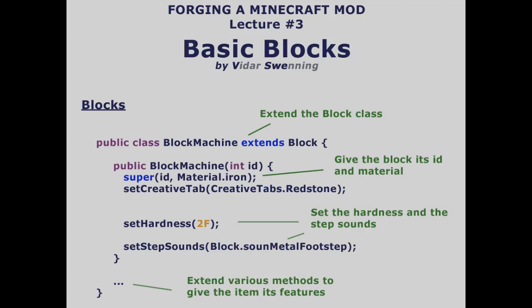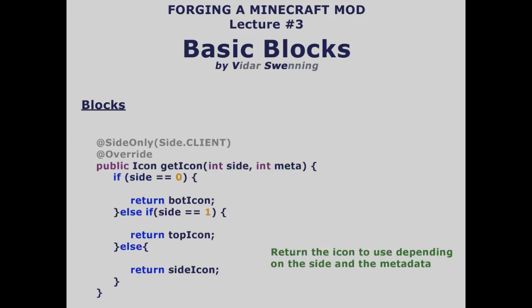And then we can extend multiple methods, but there are of course many, so you override the ones you want to change the functionality for. Here we have the icon, so we have a method called public IIcon getIcon, and we get the side and the metadata. Here we only use the side, so if the side is 0, we return the bottom icon.